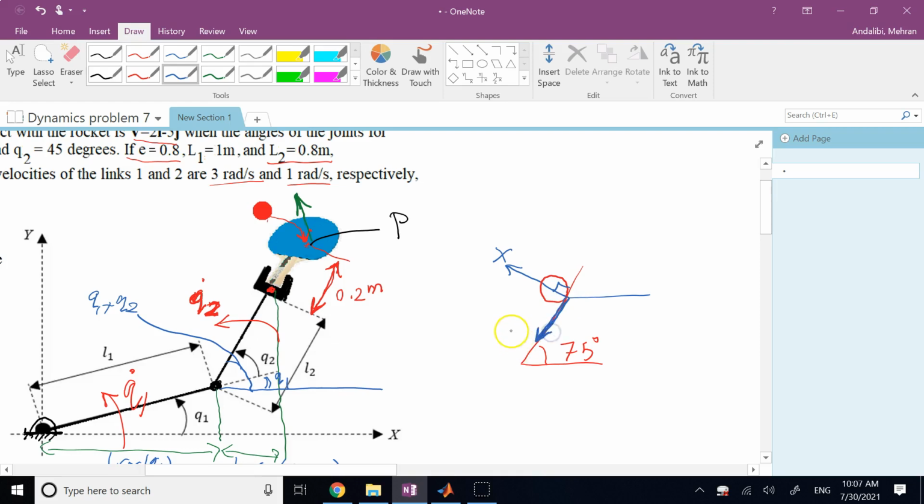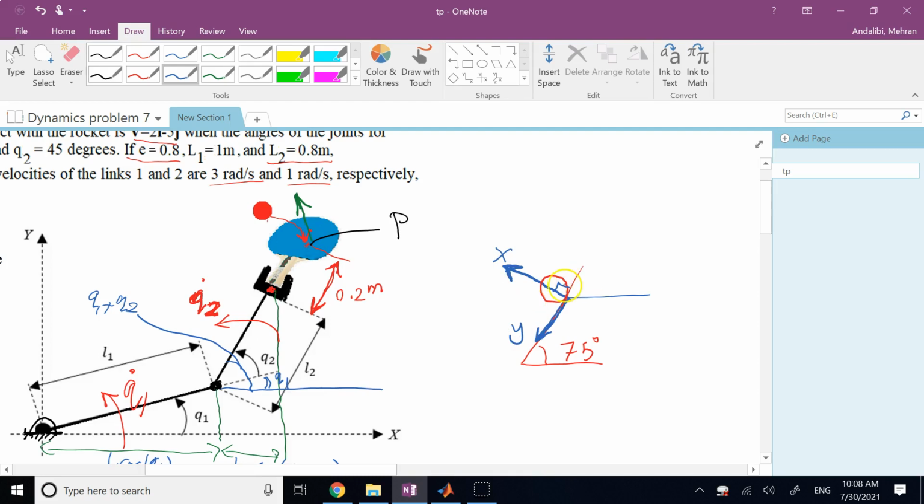So now this common tangent is y, and that common normal is x. Along x, the components would change based on the conservation of linear momentum for the whole system and the coefficient of restitution. In the y direction, nothing would change. So we have to decompose the velocities of point P and the ball along what? X and Y, and see which one is changing, which one is not.